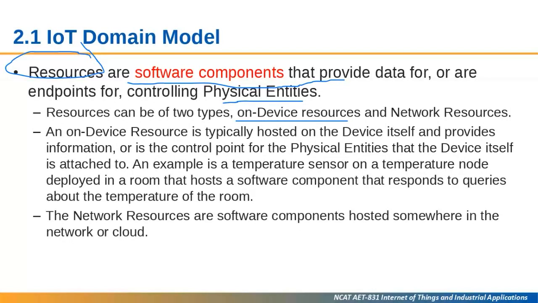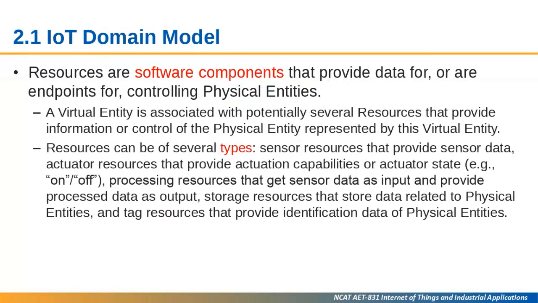For on-device resources, for example, you may have some storage space in the sensor or in the sensor node. So that's the on-device resource. And the network resources are those resources that are available on the web, for example, cloud storage, maybe Google Drive, something like that. And resources can be of several types.